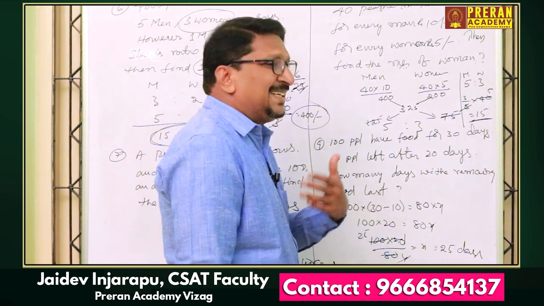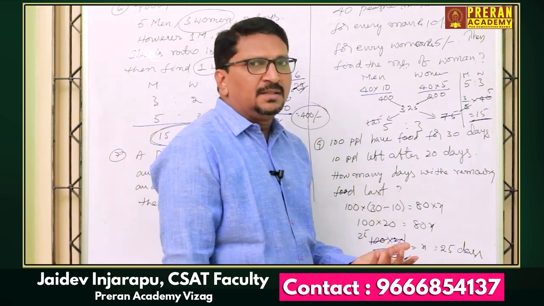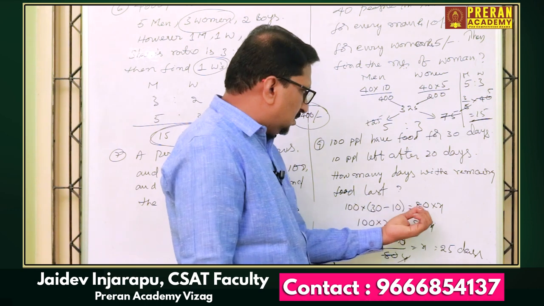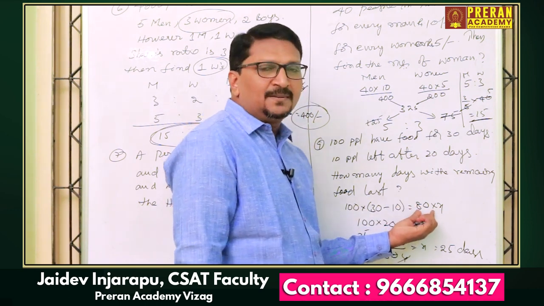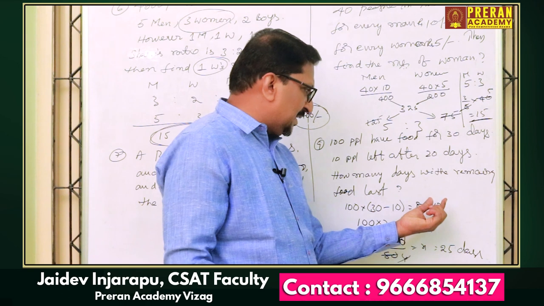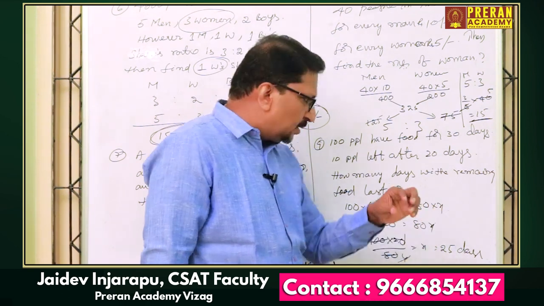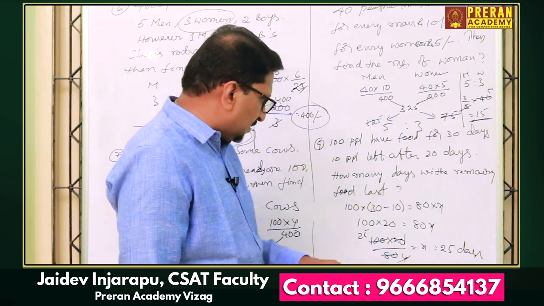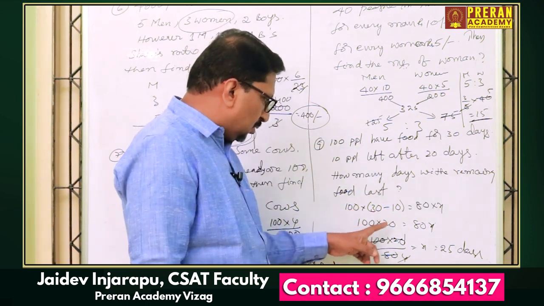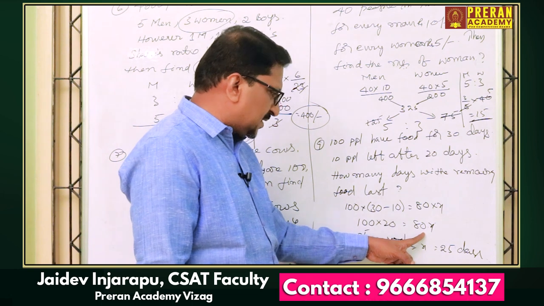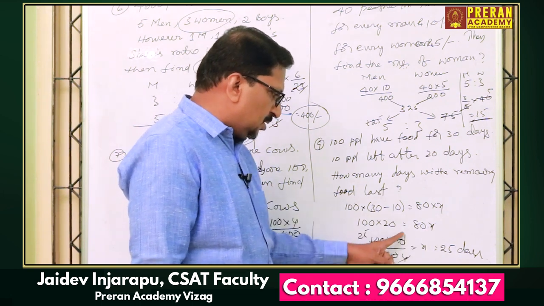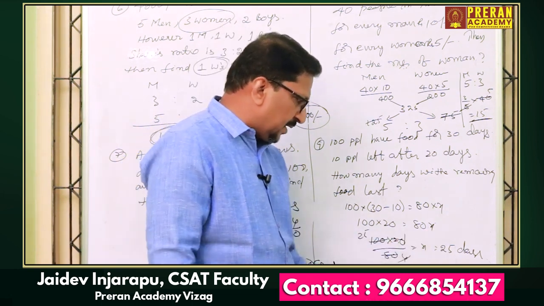Which is nothing but the remaining food is there for 90 people, but we don't know how many days. That's x. Now I'm going to calculate the value of x. So 100 into 20 equals 90 into x. So x equals 100 into 20 by 80, which is 25.